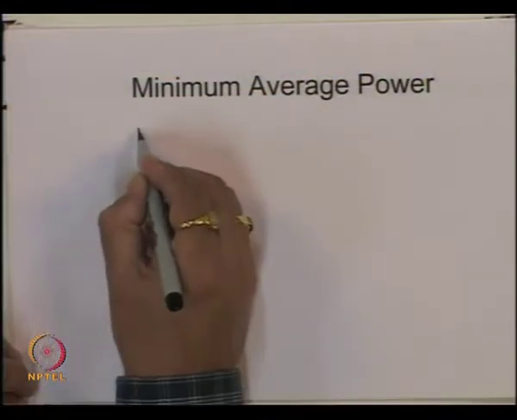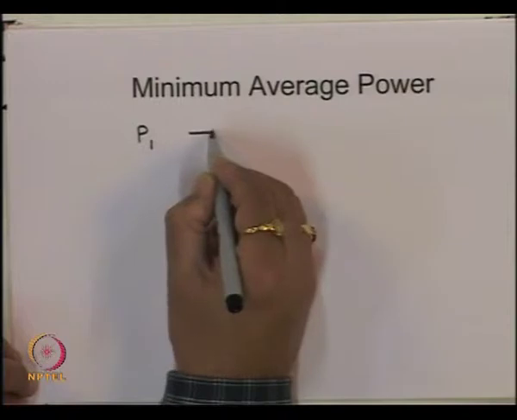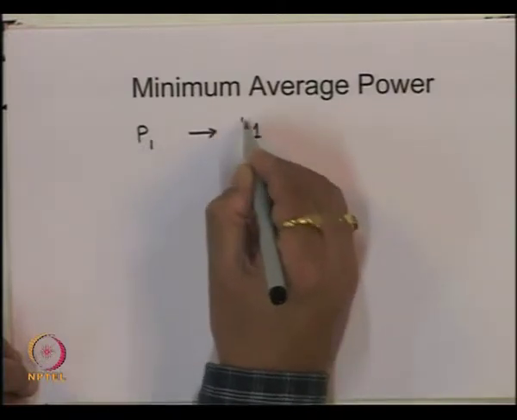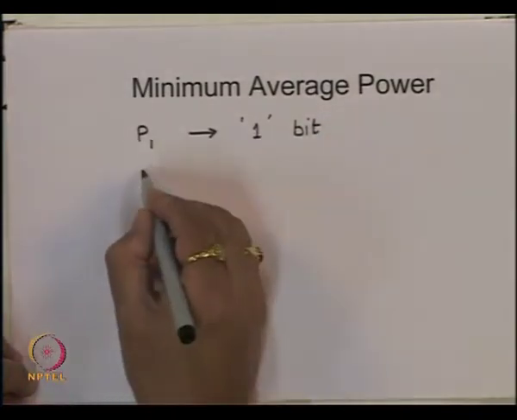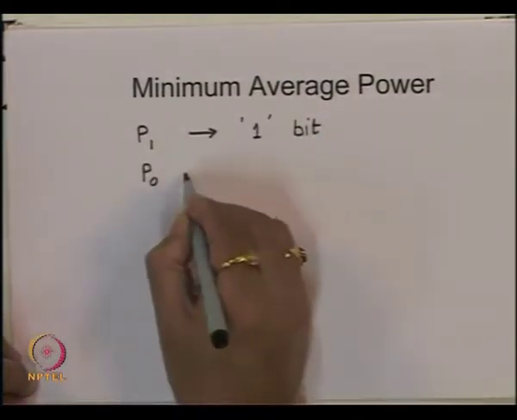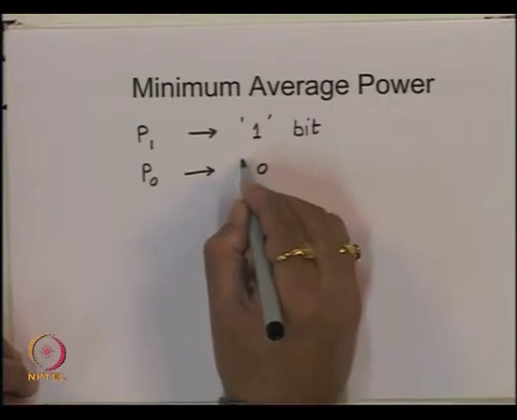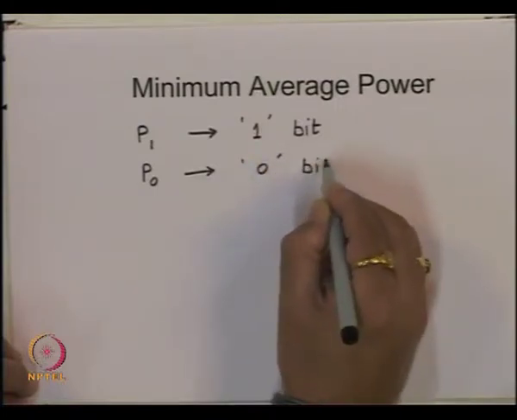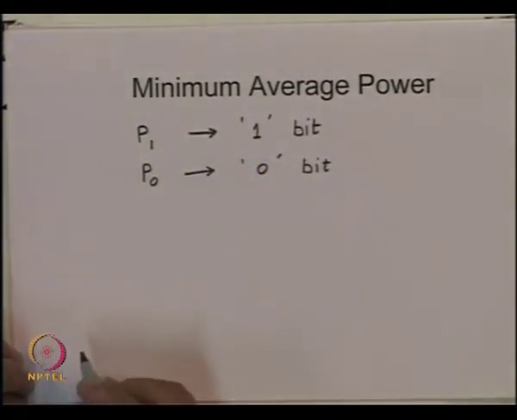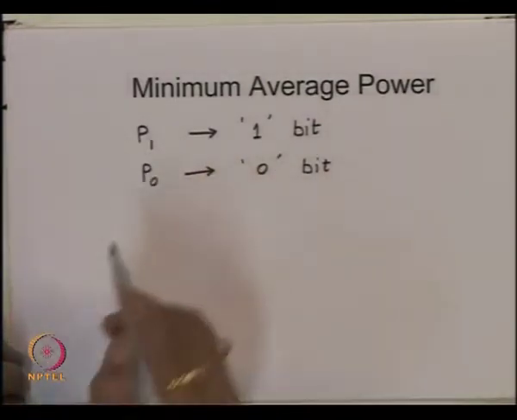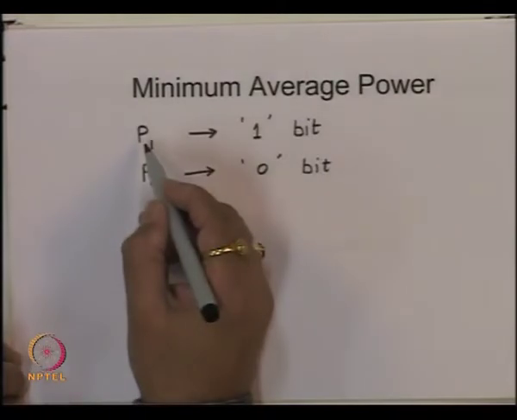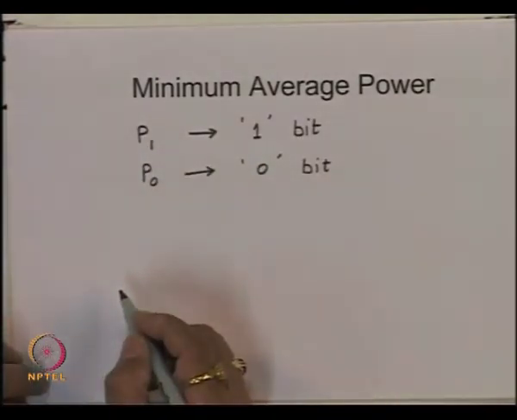So, I have power P1 corresponding to the 1 bit, and power P0 corresponding to the 0 level of the bit, and the corresponding currents which you are going to get for these two levels are given by I1 and I0.